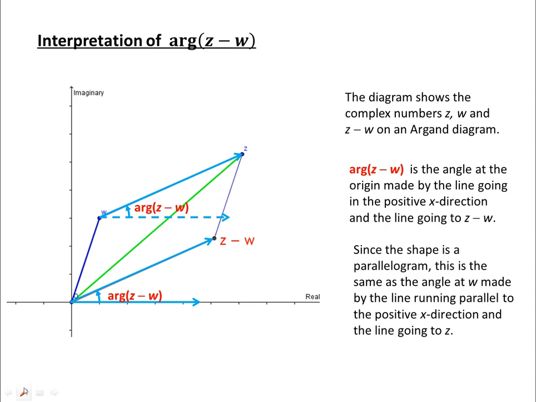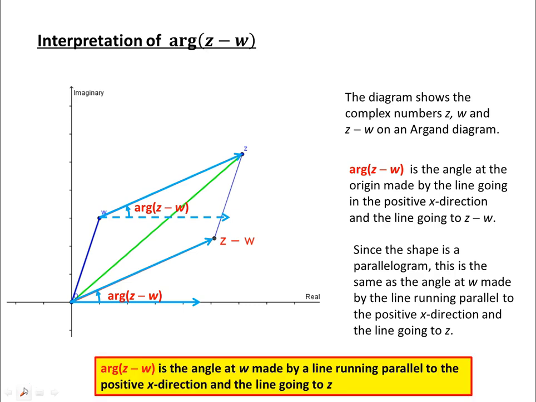So that means that arg of z minus w can be described as the angle at w made by a line running parallel to the positive x direction and the line going from w to z.